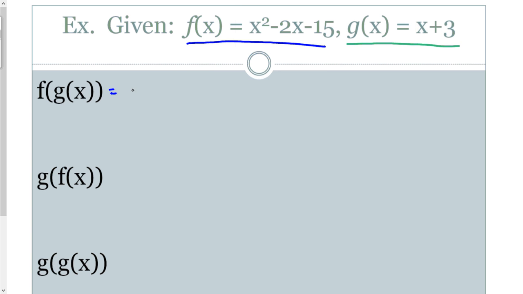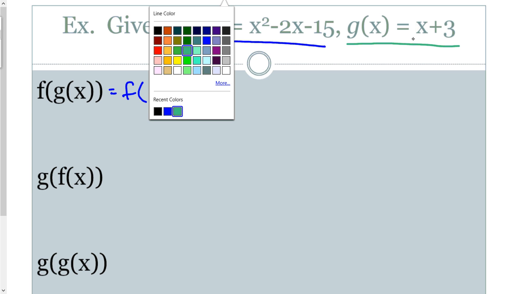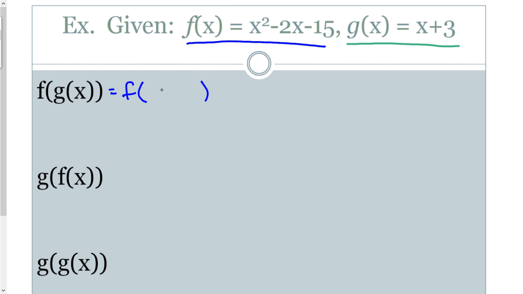So first, we have that this is equal to f of, well, what's g of x? I'm going to go ahead and write it. g of x is x plus 3. So I'm really saying in my function f of x, which takes an input and squares it, then subtracts 2 times the input, then subtracts 15, my input is x plus 3.